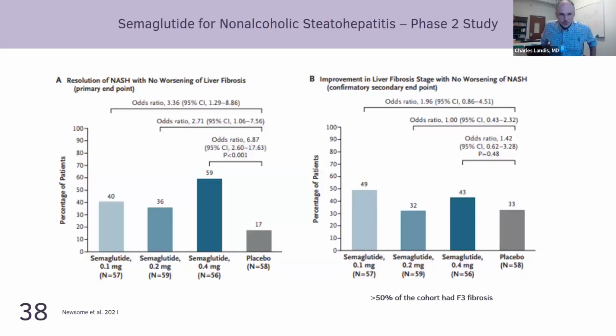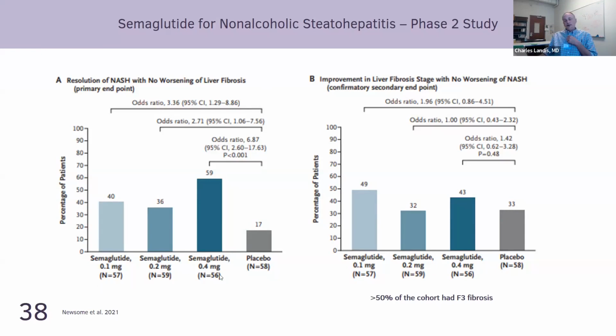And then I'll just jump to the new kid on the block, not for everyone here, but I think for the fatty liver community, which is the GLP-1s. There was a study for liraglutide a few years ago, which had very similar results to this most recent study for semaglutide in patients with NASH. This was a phase 2 study with about 150 patients who were randomized to placebo versus varying doses of semaglutide.